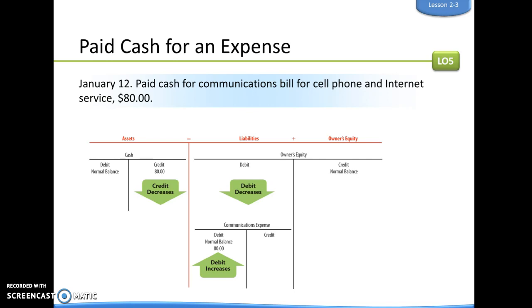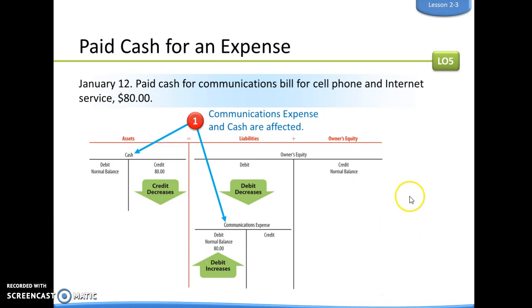Okay, so here we've got cash and communications expense. One asset, one expense. It's not really a liability, but it decreases owner's equity, though it increases as an expense. So it's showing it as an increase as an expense, even though it's affecting owner's equity as a decrease.